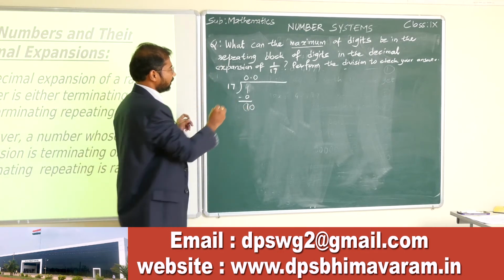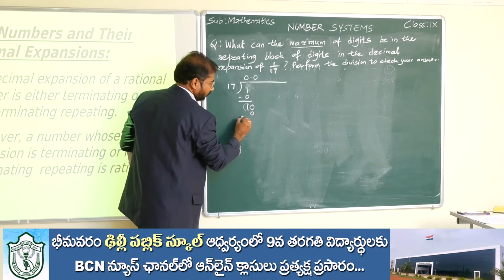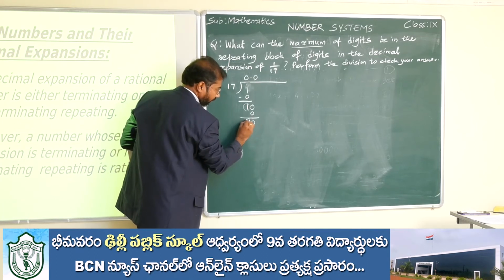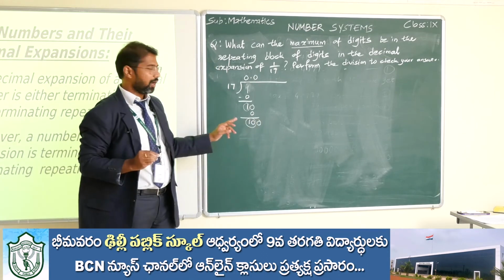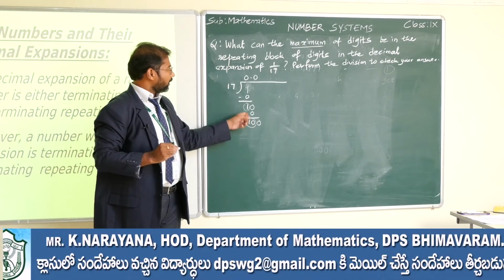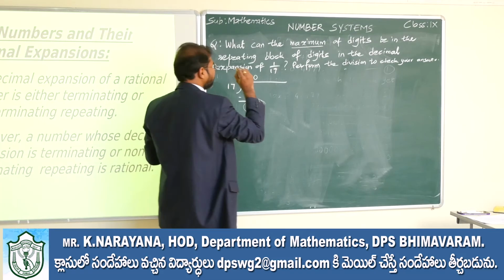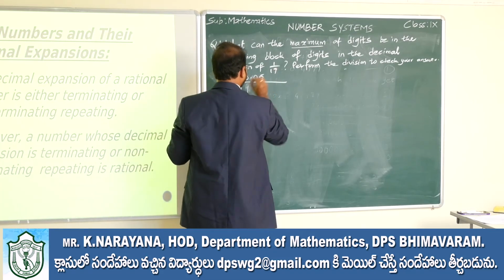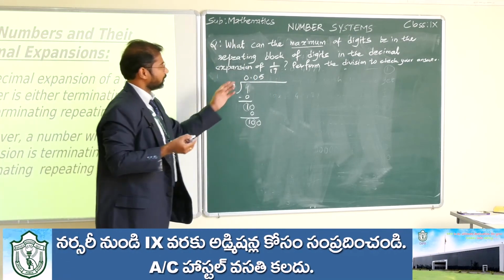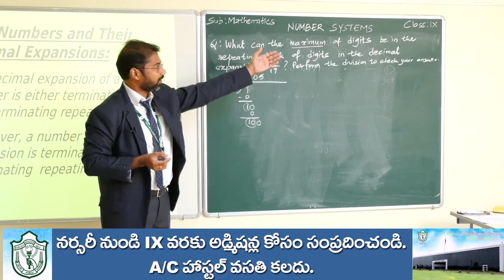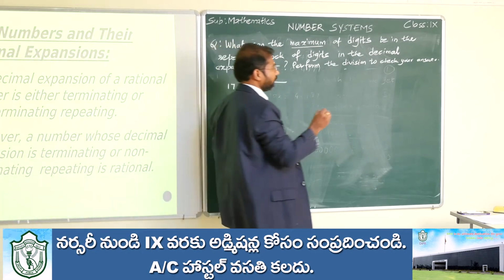Yes, again 17 zeros are 0. I will get 10 remainder, add 0, 100. Now 100 will not go completely in the 17 table. Let's see, 17 fives are, or else I will write the 17 table there for your convenience.